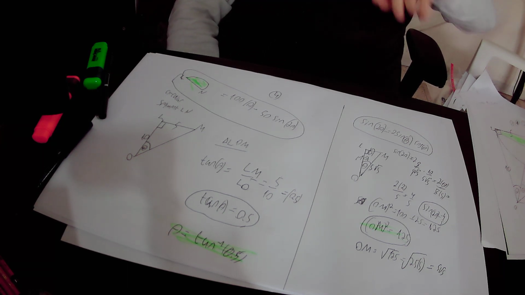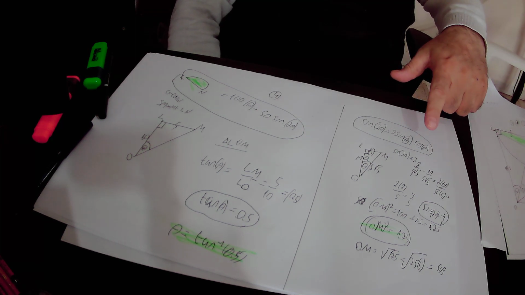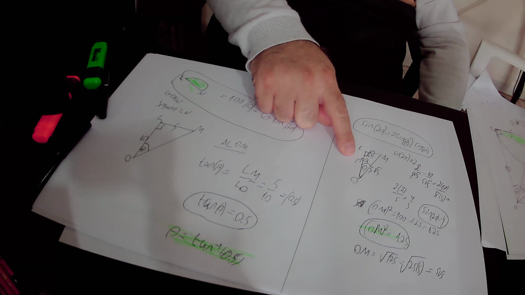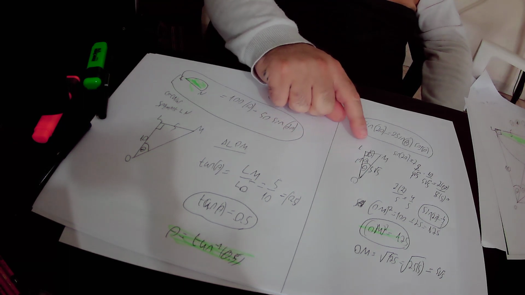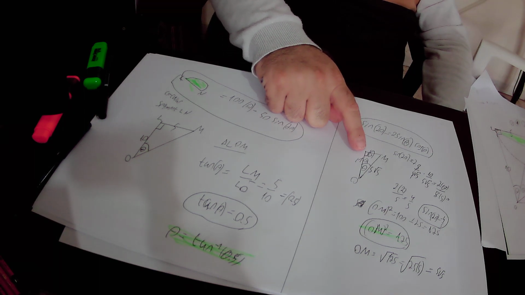Now, we found out the value of sine 2 theta. Sine 2 theta equals 2 times sine theta times cosine theta. What is the value of sine theta? According to this triangle, sine theta equals LM over MO. LM equals 5, MO equals 5 times square root of 5.